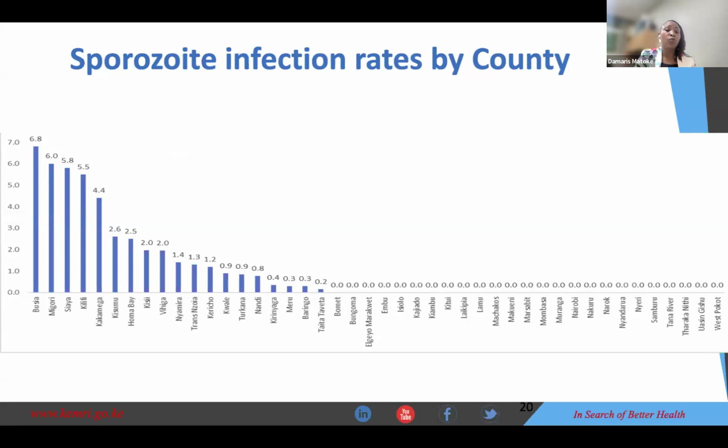As we collected the vectors, we were finding sporozoite infection. Most of the vectors collected from Busia and Siaya, which are the leading malaria transmission zones, were infected; they had the sporozoite.